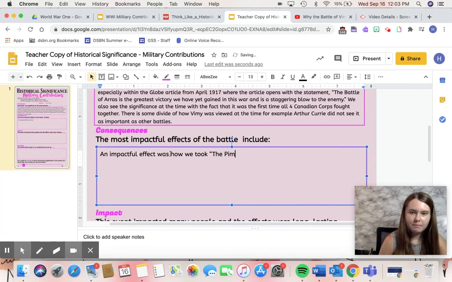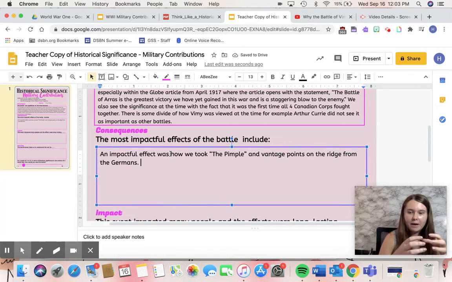I'm putting Pimple in quotation marks because that is the name for it. And vantage points on the ridge from the Germans. So the battle happened, and because of the battle, we took the vantage point from the Germans.